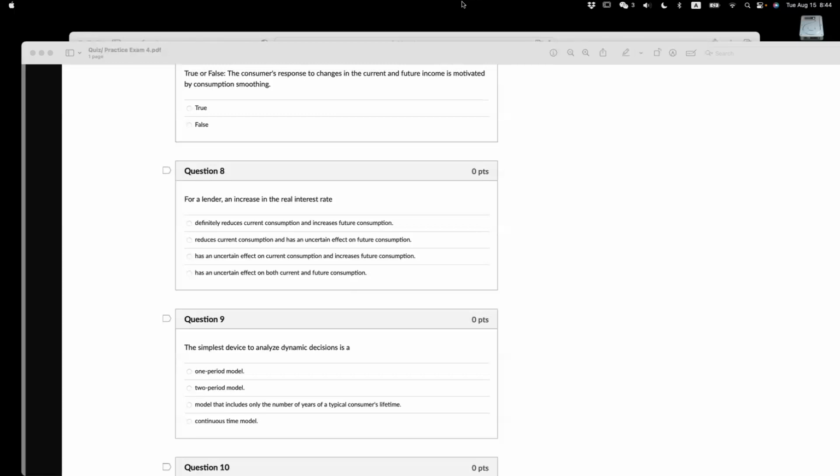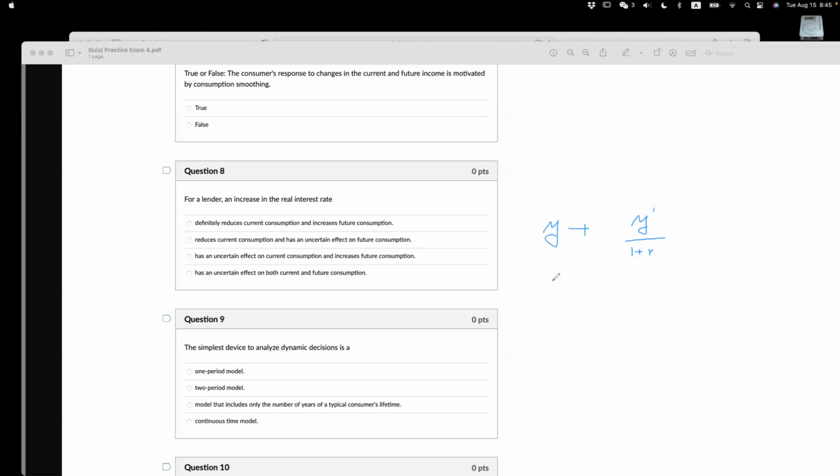Lifetime wealth is defined as the endowment Y plus Y prime divided by 1 plus R, and you can certainly subtract the tax T, but let's forget about tax for now.